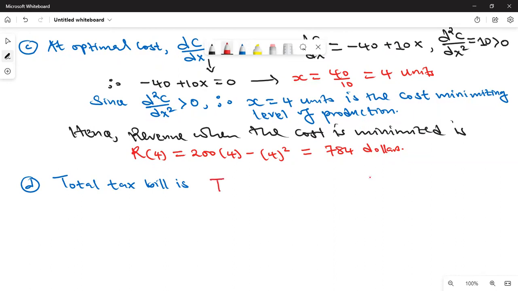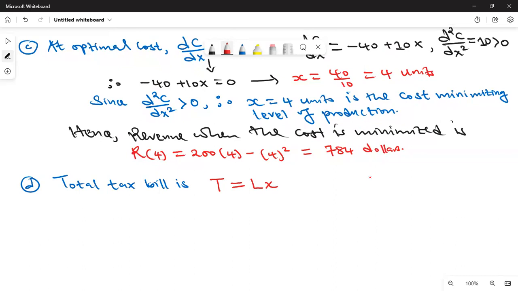You see, every unit you're selling, the government is charging you L dollars. How many units have you sold? There are X units. This monopolist produced X units of the commodity and sold the X units. And for every unit that you have sold, the government is going to charge you L dollars, so that the total tax that you owe the government will be equal to L times X, total tax bill, L times X. So what happens when you pay tax?